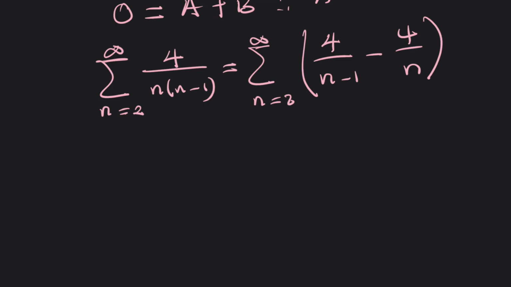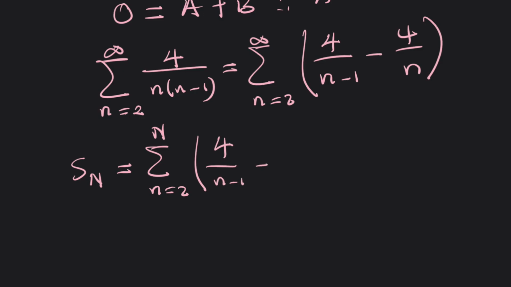At this stage, we can write the partial sum. So the partial sum S_N is given by the summation from n starting from 2, going to N, of 4 divided by n minus 1 minus 4 divided by n.